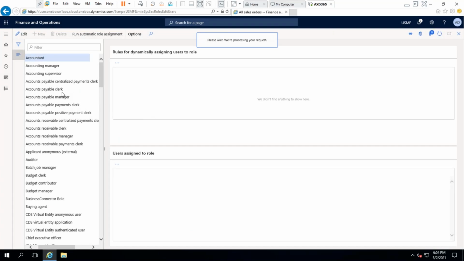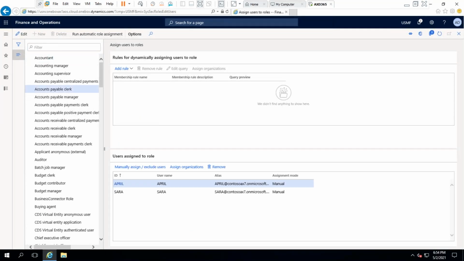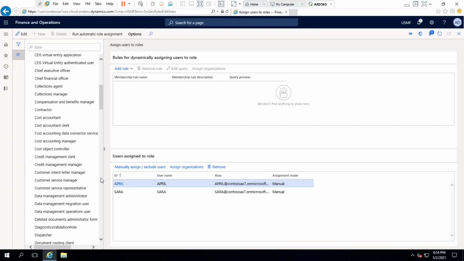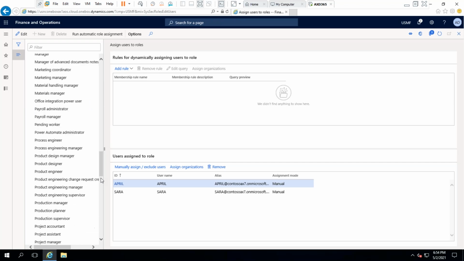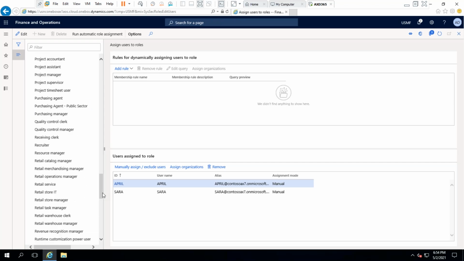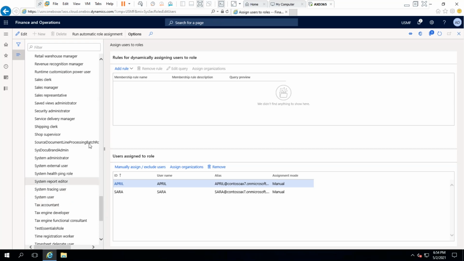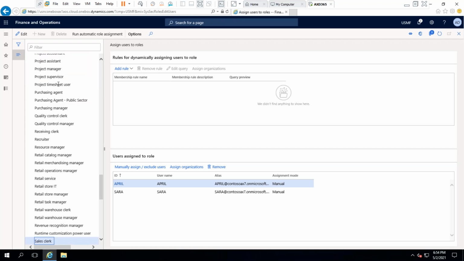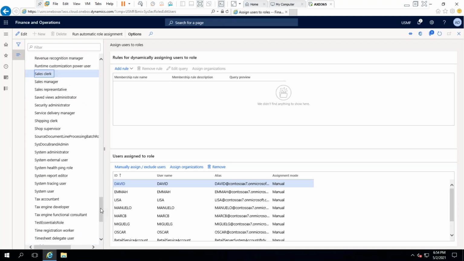What do these roles mean? Payable clerk or payments clerk, accounts payable payments clerk. Here sales clerk. There are so many different roles. Sales clerk, sales manager.